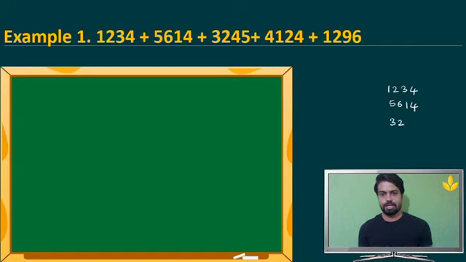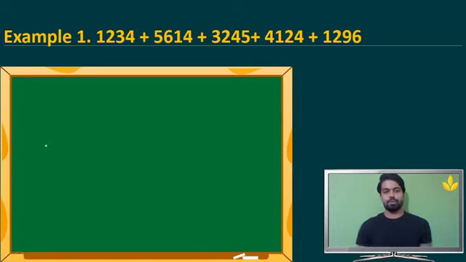We write all of this, and after that we have to add from the unit digit. Writing this itself takes a lot of time. Yes or no? That is why we don't want this method. Once you understand this method, we can answer it by just looking at the question itself.